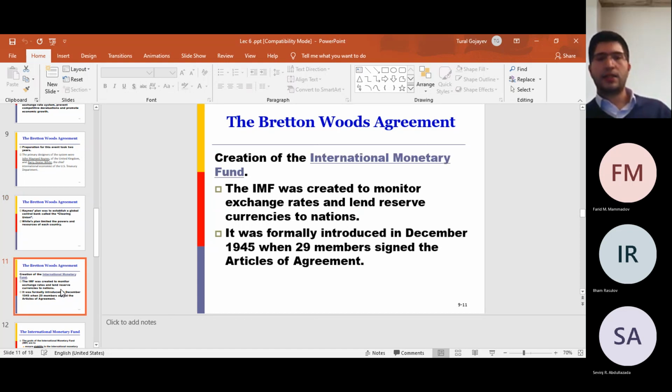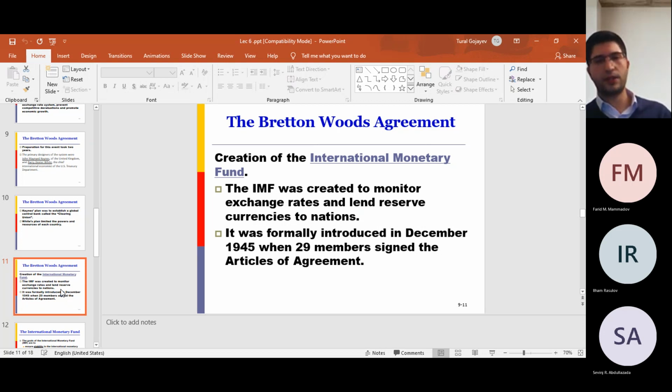Okay, now let's continue. The IMF was created to monitor exchange rates and lend reserve currencies to nations. This is the main objective of the IMF. So please keep in mind, this is an important point about the role of the IMF.